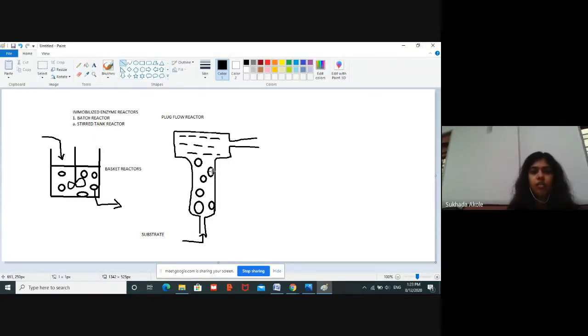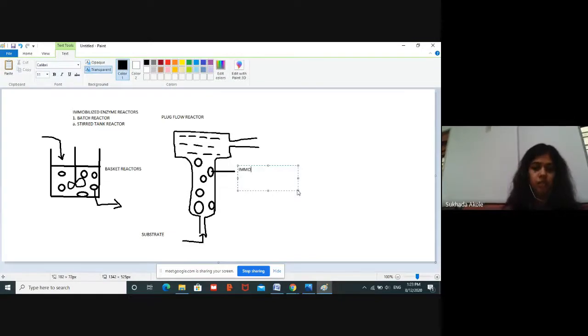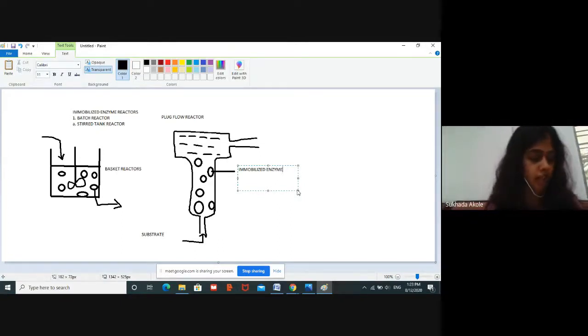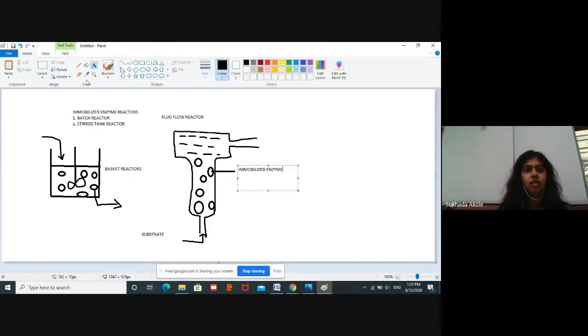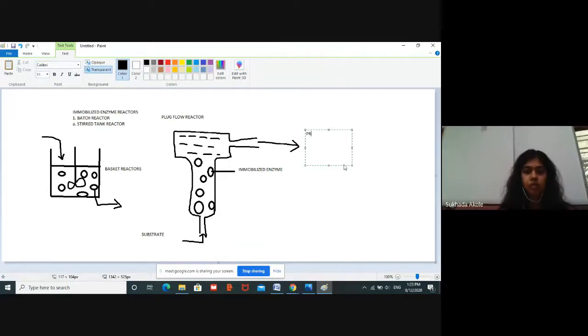This here is my immobilized enzyme or cell, and from here I have my product coming out.